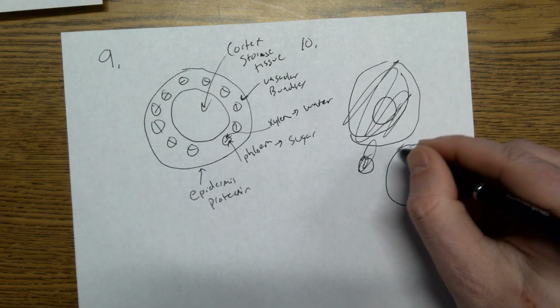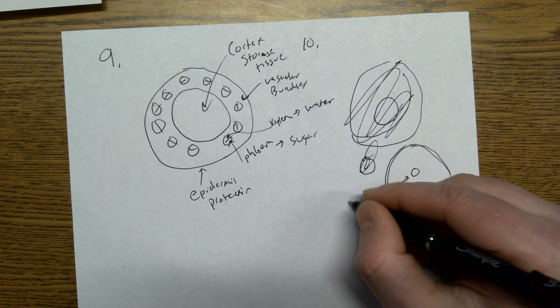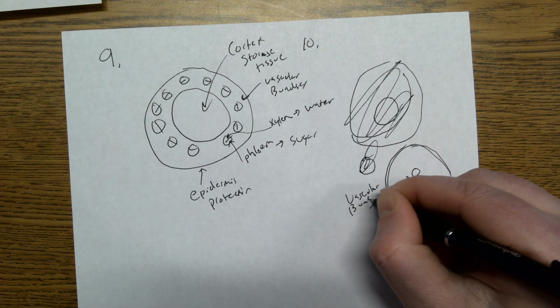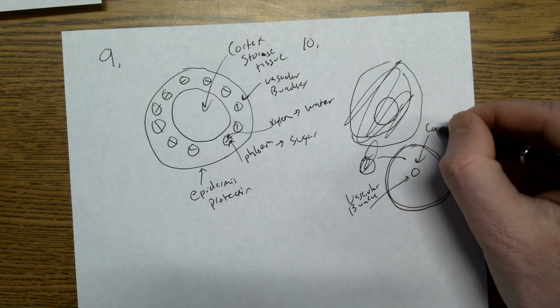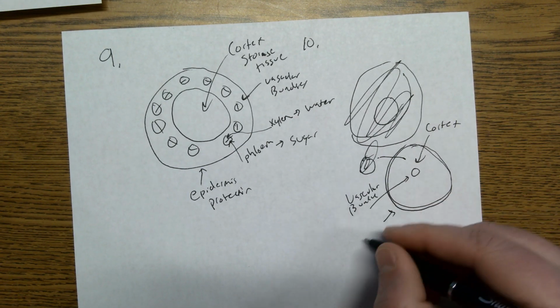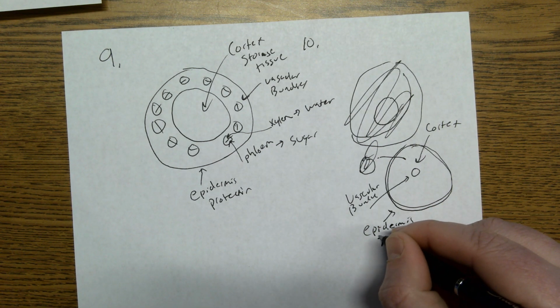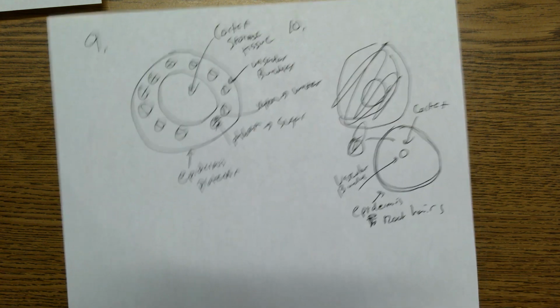And you have the epidermal layer. So here is our vascular tissue, now in the center, our vascular bundle. Then we have the cortex, and the epidermis is still on the outside. Here the epidermis can turn into root hairs too, little protrusions called root hairs.